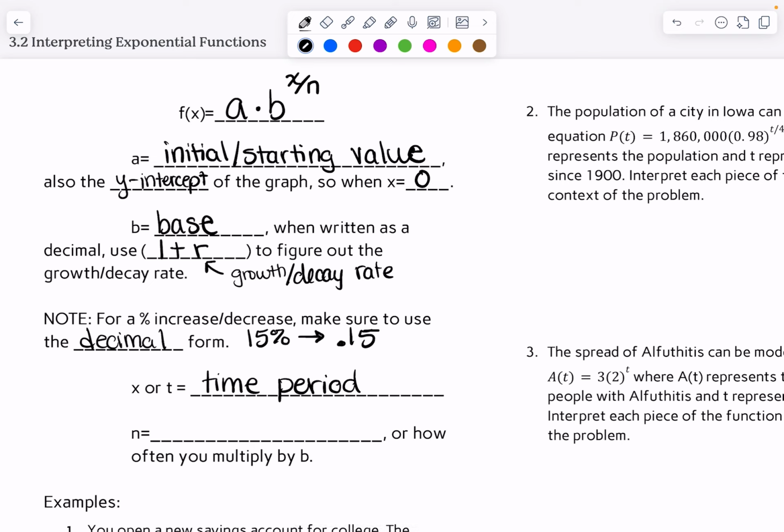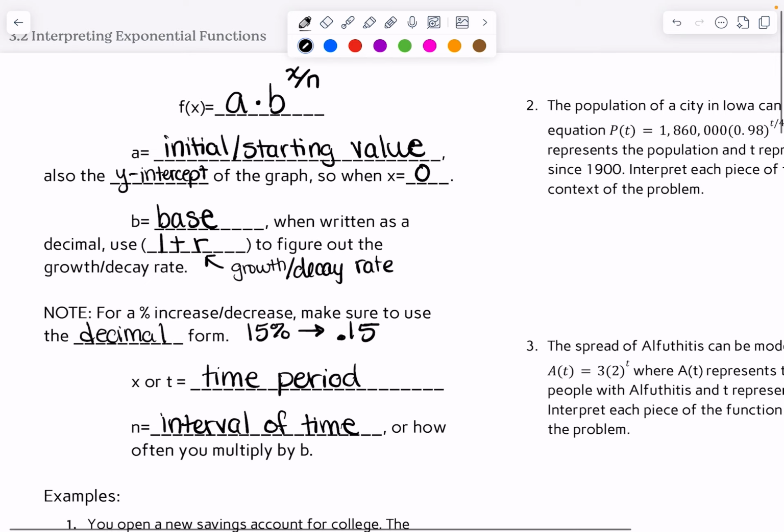And then the n, this new thing here, the n is the interval of time that something is increasing or decreasing by. So maybe something isn't increasing every single day. Maybe it's increasing every 3 days. That 3 would be your interval of time.